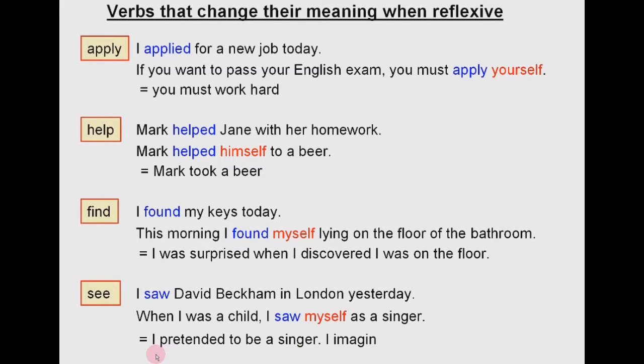This means I pretended to be a singer. I imagined that I was a singer. So I was dreaming about being a singer. So these verbs change their meaning when they are reflexive. And there are other examples, but these are very common examples.